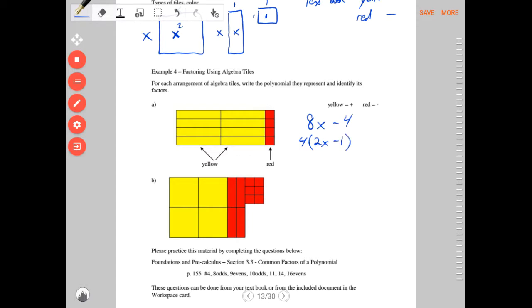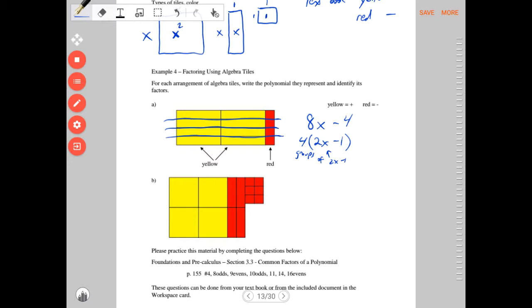Now if we look at what this means, we have 4 groups of 2x minus 1. If you look at that, we really do have 4 groups of 2x minus 1. See how there's 4 separate groups of those? So factoring, grouping, dividing, they're all the same word.